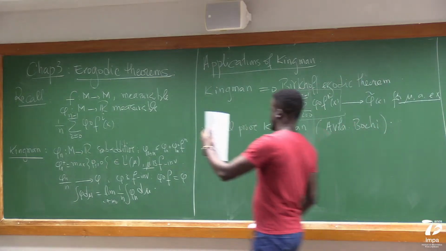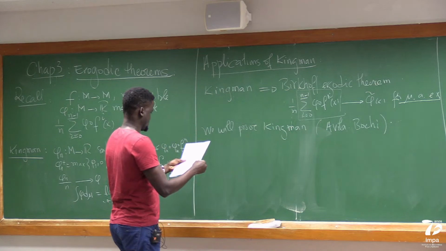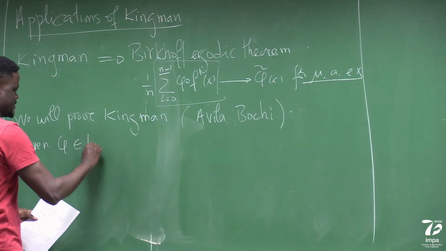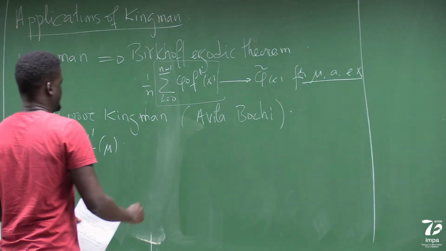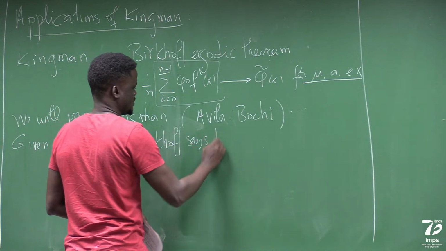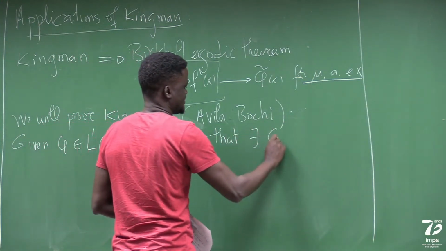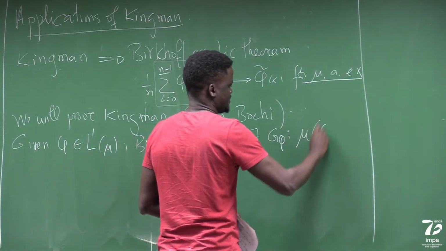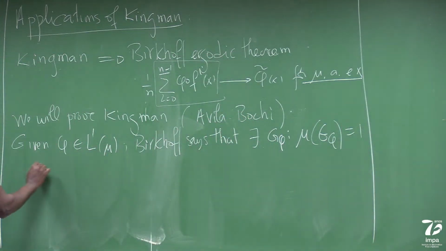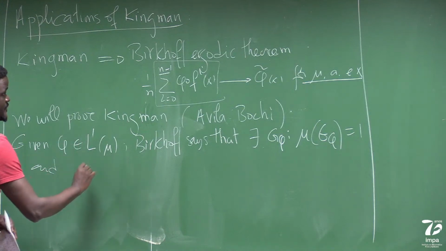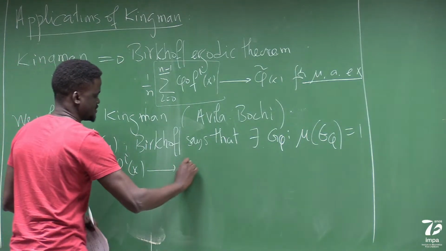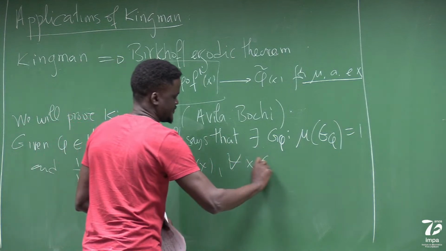So always recall from last lecture that given phi that is L1, Birkhoff says that there exists G phi, which has full measure, and you have convergence for every x in G phi. This 1 over n sum is converging to phi tilde of x for every x in G phi.